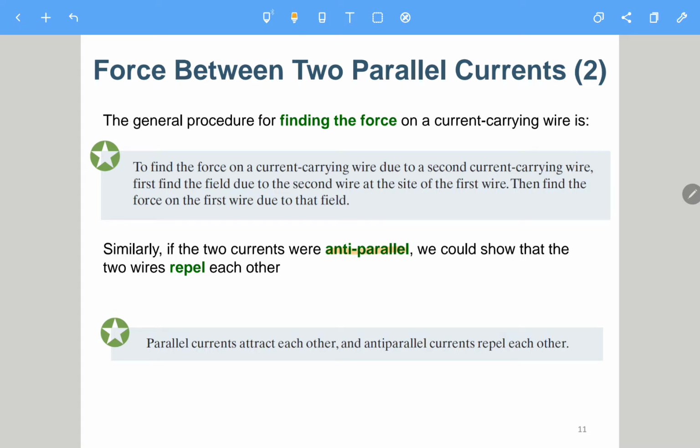Anti means opposite, so anti-parallel means parallel currents with opposite directions. We could show that the two wires repel each other, just like what I showed quickly. So parallel currents attract each other and anti-parallel currents repel each other. This is the final conclusion for this part. So far, any questions?